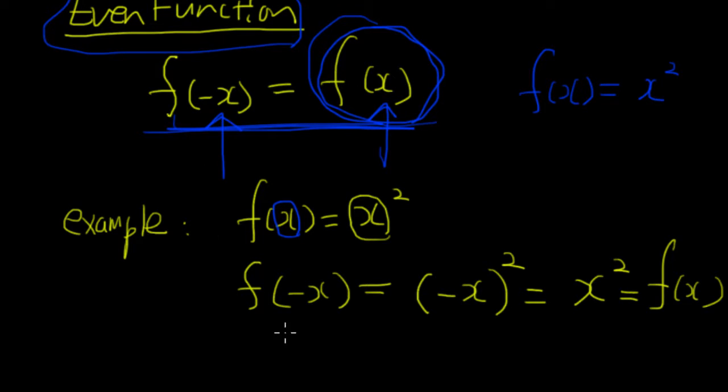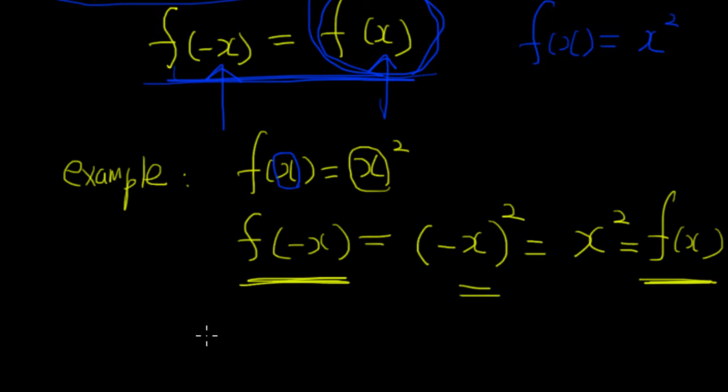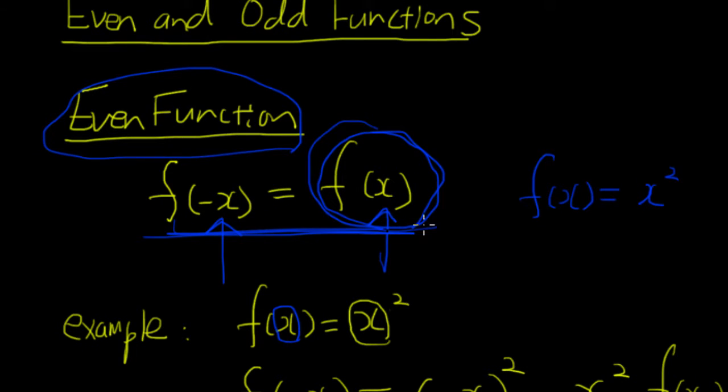We have f of negative x equals f of x. So this should be even function. So how do we test whether this function is even or not? Well, replace x by negative x, see if it becomes the same thing as the original f of x. All right.